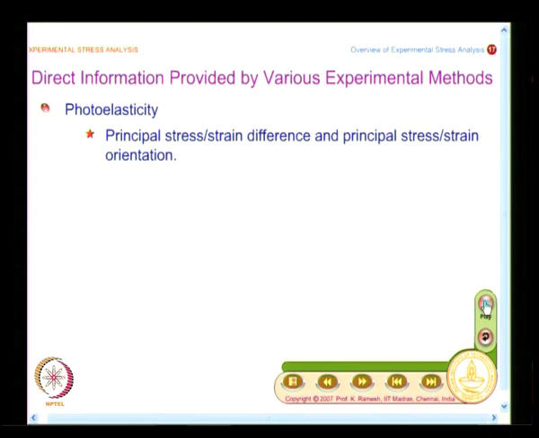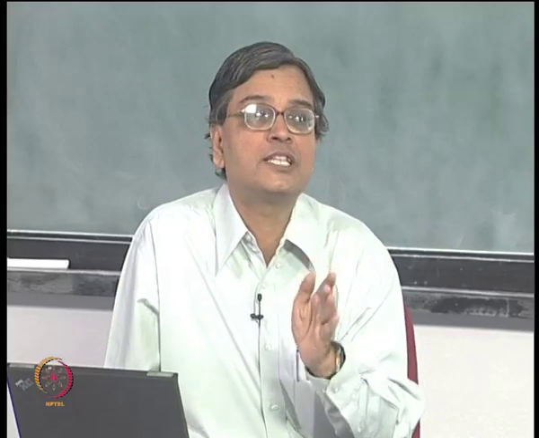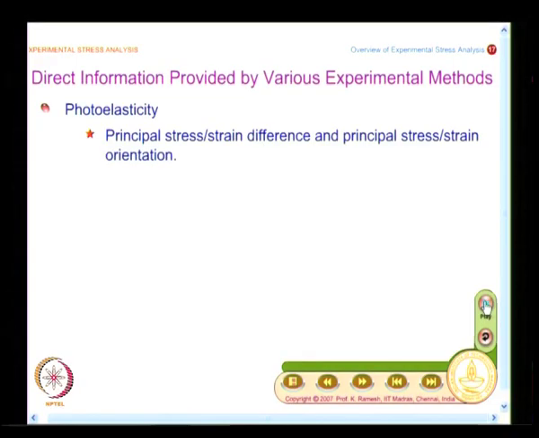So, if you look at photoelasticity, it can give only this information, it cannot give you normal stress components or shear stress components directly. But if you know the principal stress difference and the theta, you can process it and get them. What it gives directly depends on the physics, because the physics we have already seen at least partly: it uses stress induced birefringence, and from that you will be able to find out the difference in principal stresses directly. So, you get only stress information from photoelasticity.